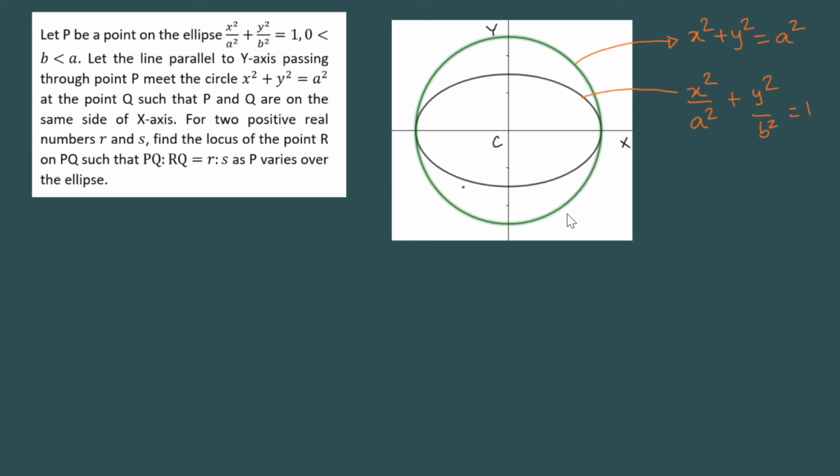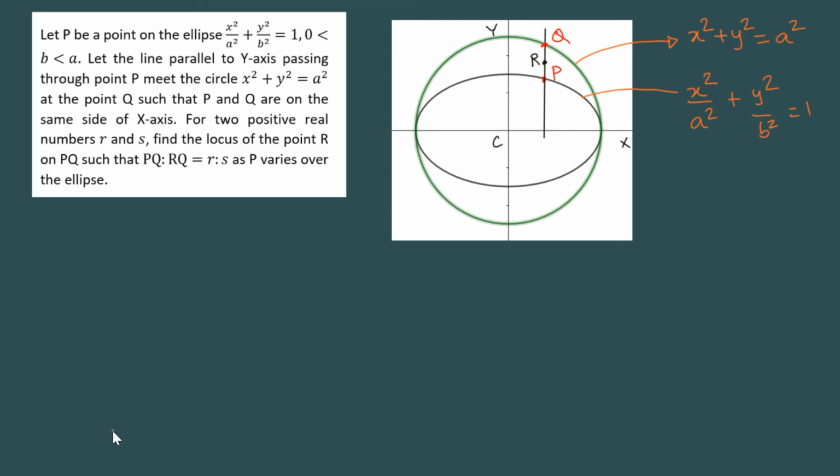If I take a point P on the ellipse and draw a line passing through P parallel to the y-axis, then the problem says take this point Q, and there is a point R on that segment PQ. Let's take this point as R.